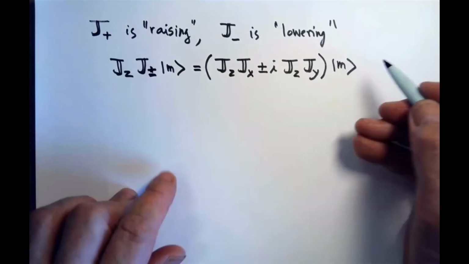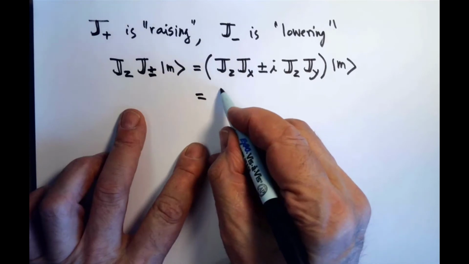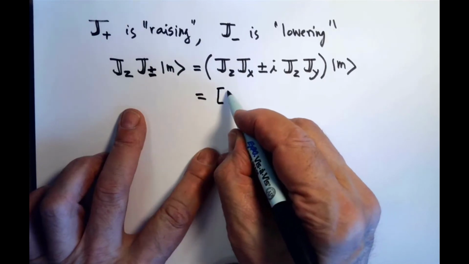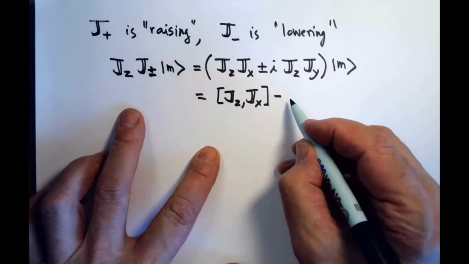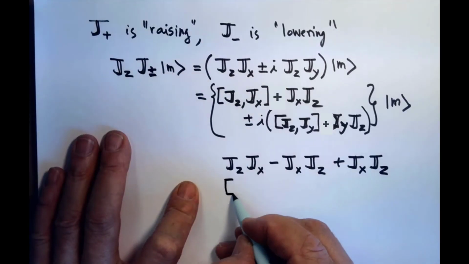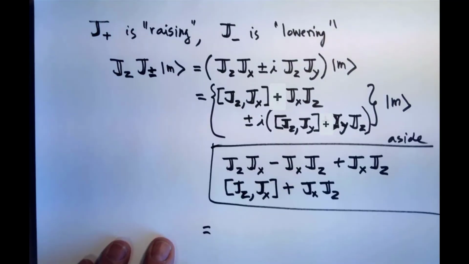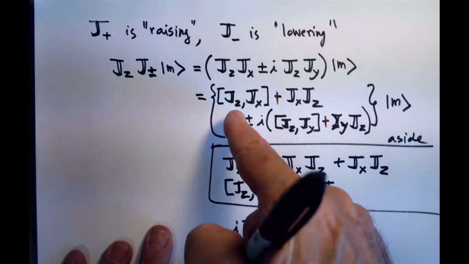Now you can use the commutators. We make this into a commutator by adding and subtracting these two guys in the opposite order. This is the commutator, and this is the leftover. The commutator of these two guys, and now very important sign, so you guys correct me. So this is this guy.